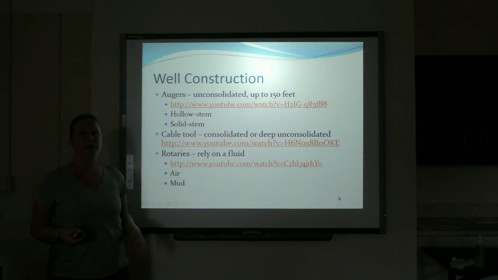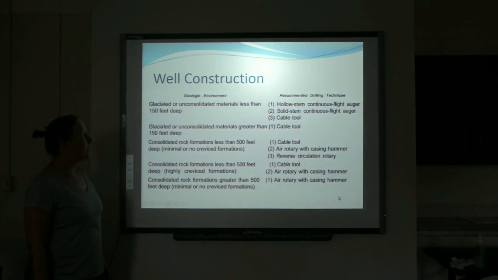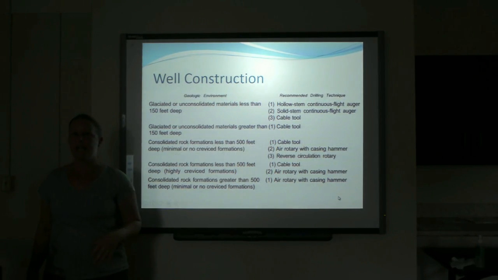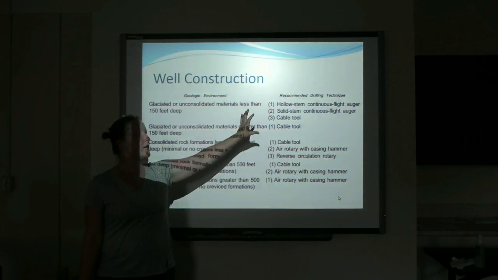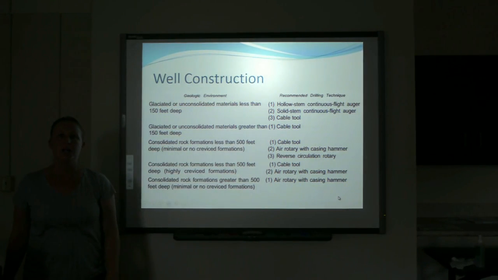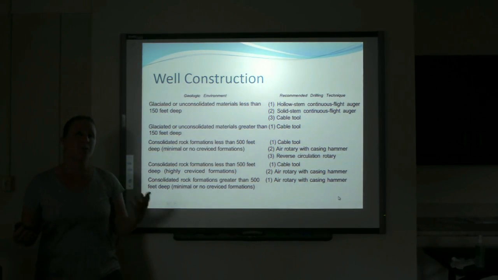These are typically used for a lot of the deeper bores. All I'm showing here is a relationship of the geologic environment generally to what type of drilling technique can be used. What you can see is that for most cases there are multiple options, and so it'll depend on what company's drilling, what your budget is, and what's available in your area.